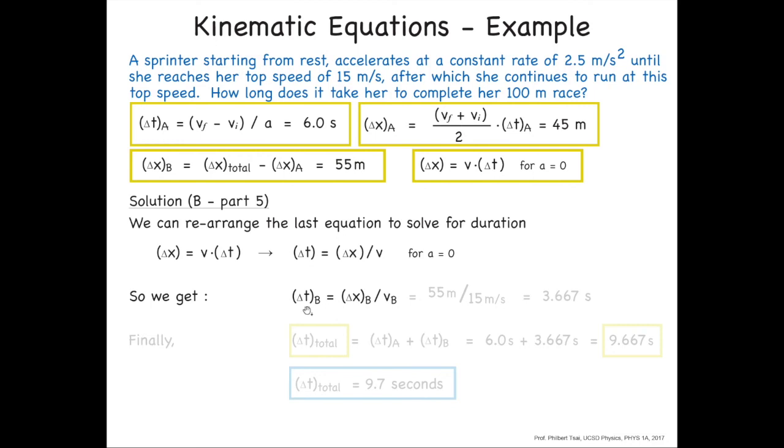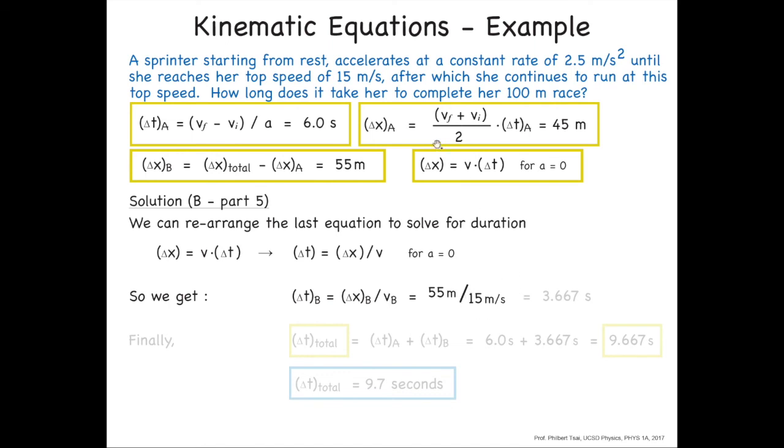And now we take that equation and we can plug in our specific values. We're going to take delta x for the second leg divided by the velocity of that second leg, which gives us 55 meters. 100 minus 45 means there was 55 meters left to run.